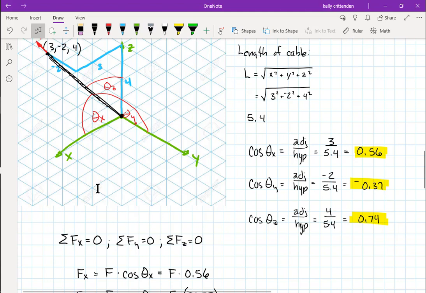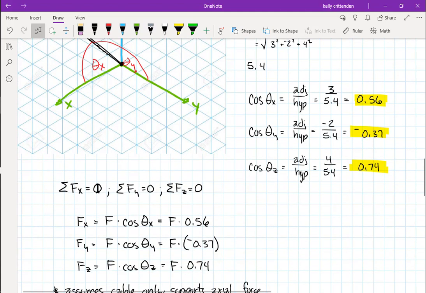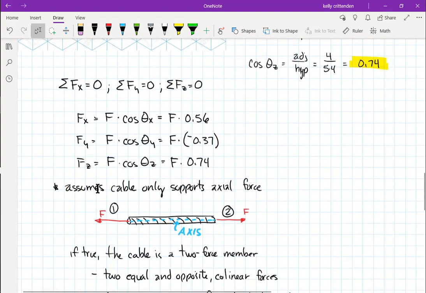I keep calling them cables, but they're actually struts. And then write these three equations, summation of forces in X, Y, and Z, all need to sum to 0. And then put it into a solver where we can actually solve the thing.